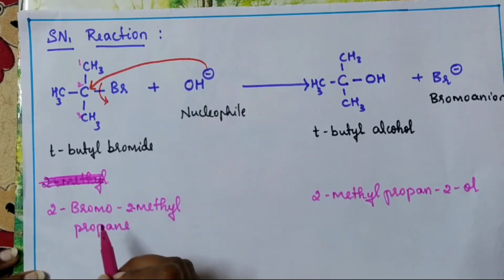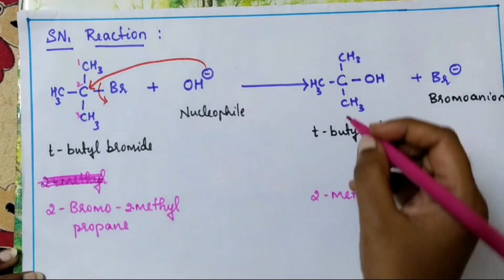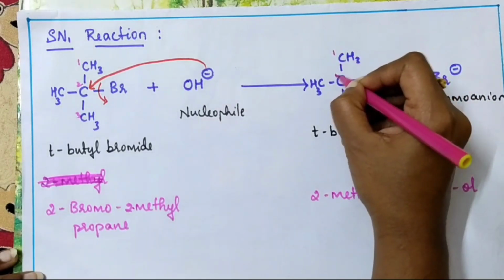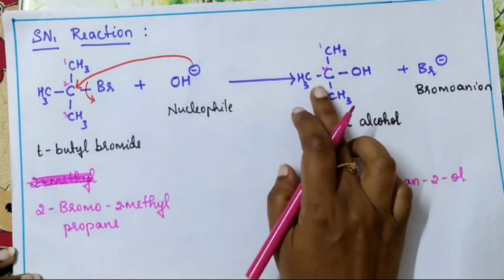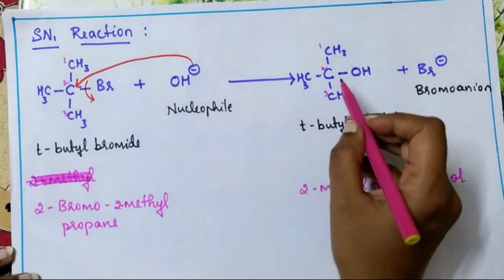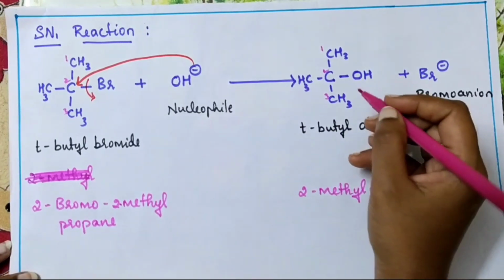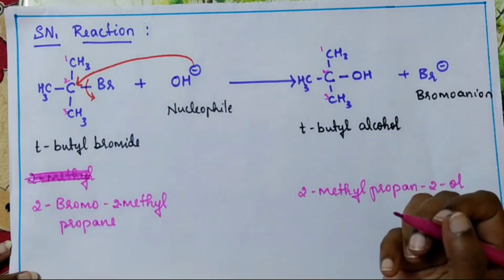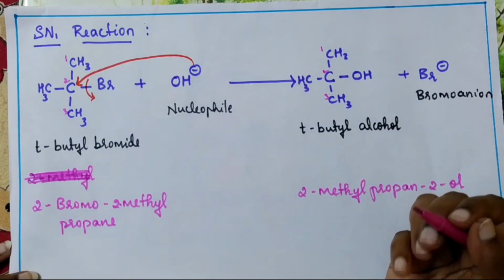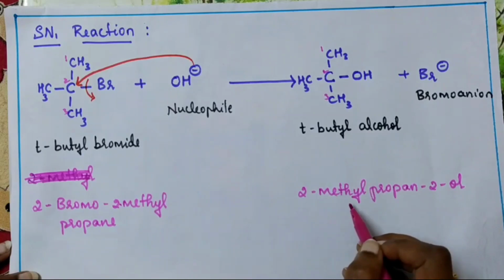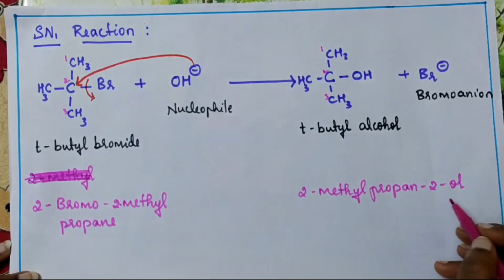We follow alphabetical order. Here you can observe 1, 2, 3. In the second position a methyl group is there, and in the same second position the alcohol group is there. If the alcohol group is there, we use the suffix OL. So you can name it as 2-methylpropan-2-ol.